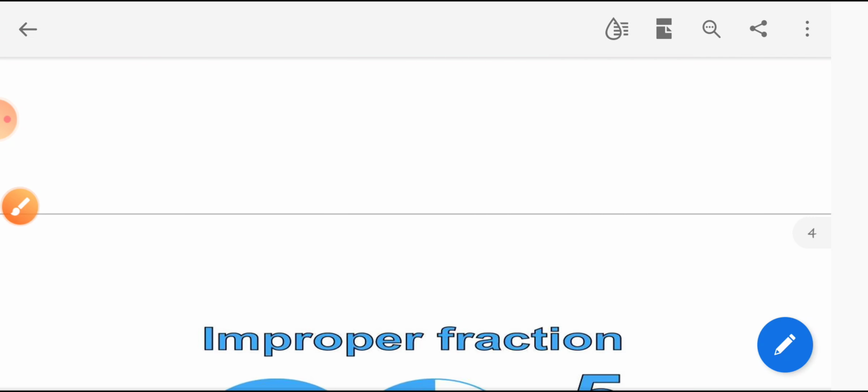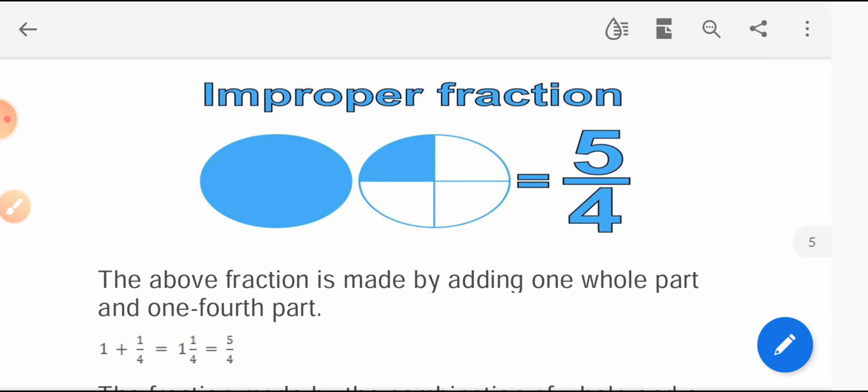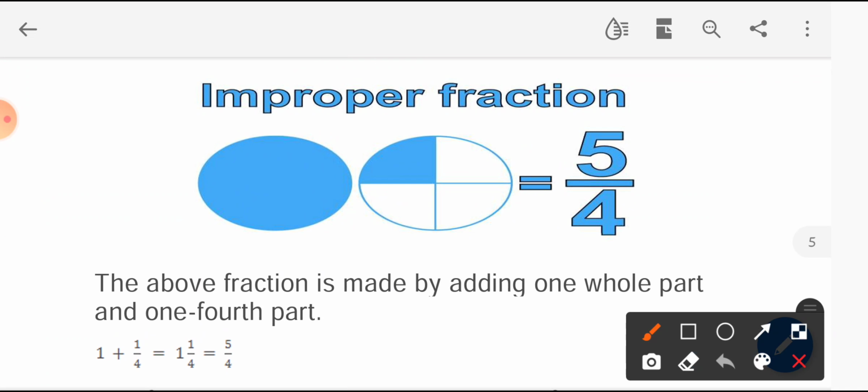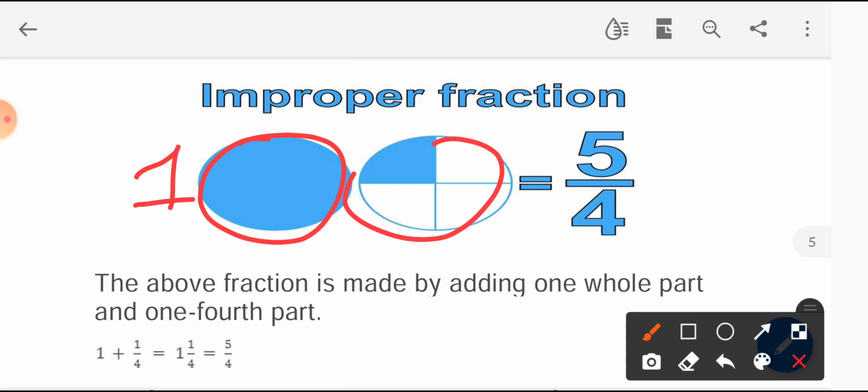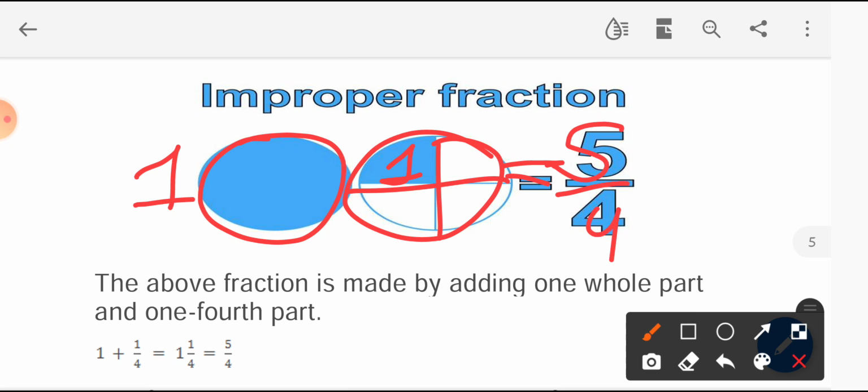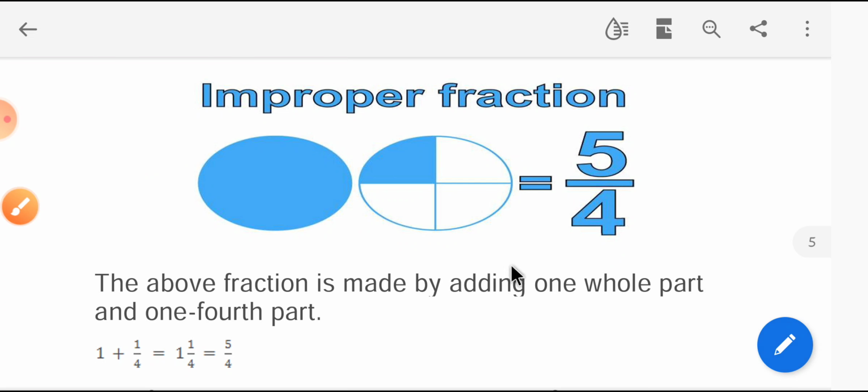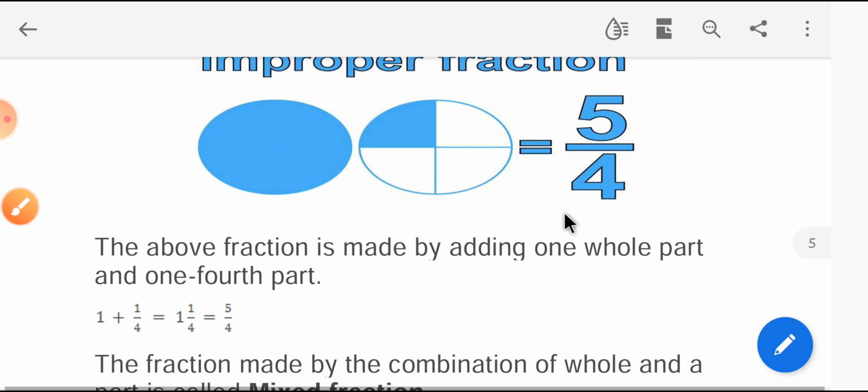And the next one, mixed. Here you can see one example. This is a complete part, meaning 1. And here how many parts are they divided into? 4 parts. But here the shaded part is only 1. So here you can see that it is equal to 5 by 4, which is 1 plus 1 by 4. Here 5 by 4 means 5 is greater than its denominator.